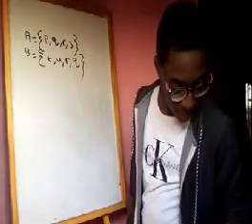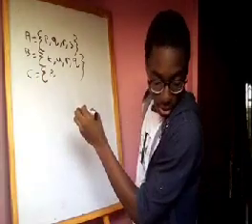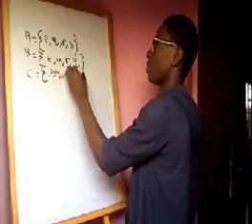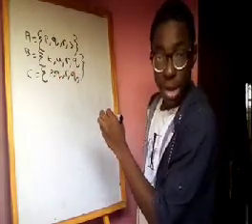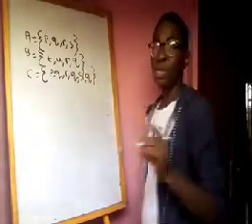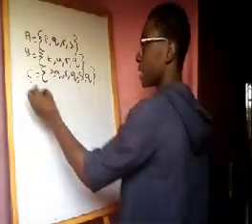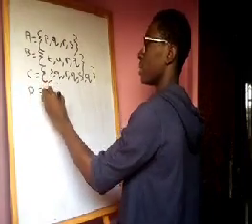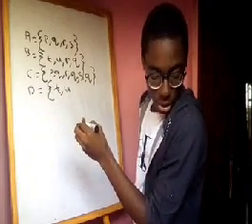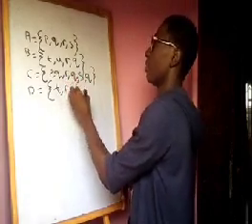Then C is the set {P, Q, R, Q, S, Q}. And lastly, we have our set D. D is the set of {T, R, Q, U}.